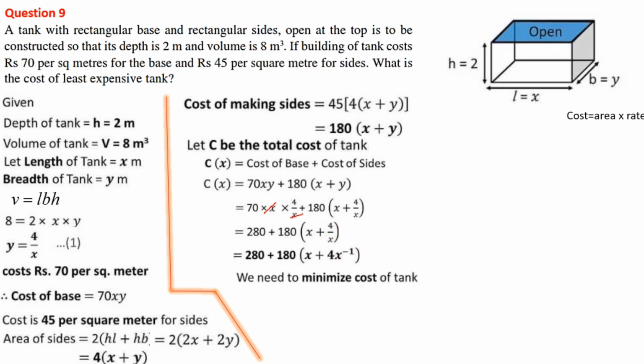We need to minimize the cost of the tank, that means we have to differentiate with respect to x. So C dash x is equal to the derivative of 280, that is 0. Then 190 is a constant, keep outside.